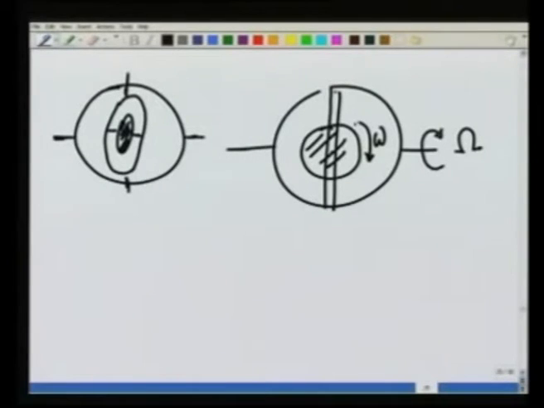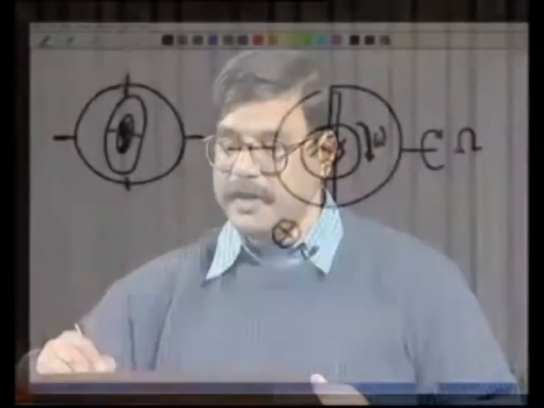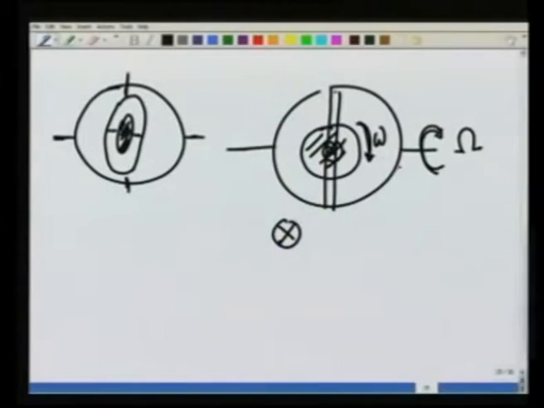When it is rotating like this, you will see that this has an angular momentum going into the plane. As soon as I give the outer frame a rotation, this angular momentum would tend to go down. So, as soon as I rotate it like this, angular momentum develops a delta L going down.